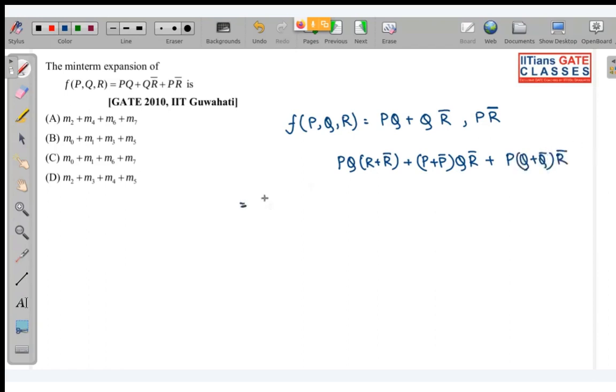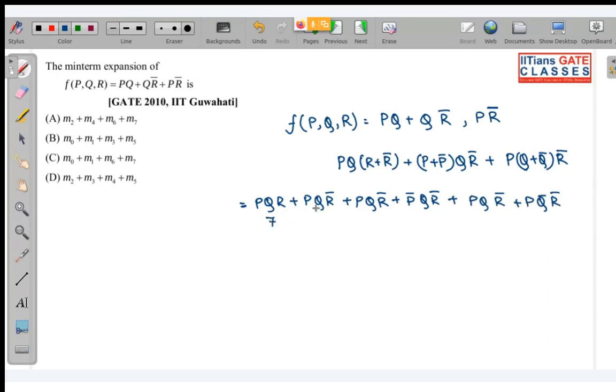So if I expand this, this will be PQR plus PQR complement plus PQR complement plus P complement QR complement plus PQR complement plus PQ complement R complement. So this corresponds to 111.